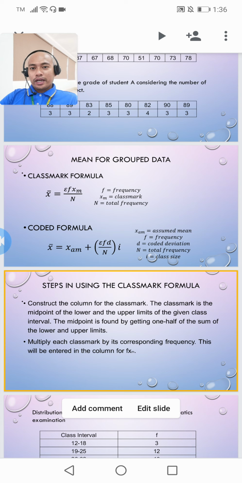If you divide the sum of the products of the frequency and the Classmark by the total number of frequency, that will be the value of our mean for that particular group data.